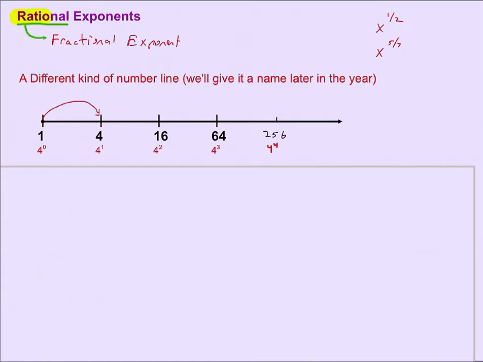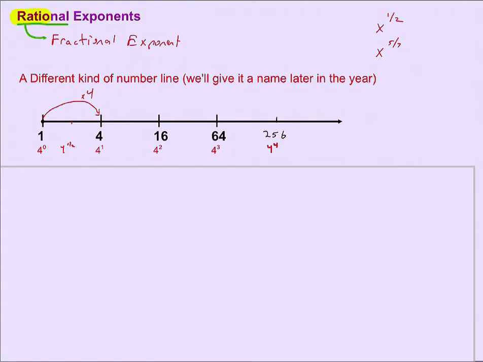Okay. So my question is, if we look at 4 to the 0, 4 to the first, halfway in between 4 to the 0 and 4 to the first would have to be 4 to the 1/2. All right, because 1/2 is halfway in between 0 and 1. So my question is, what is this number in here? Halfway in between 1 and 4, but not halfway when you're adding, right?